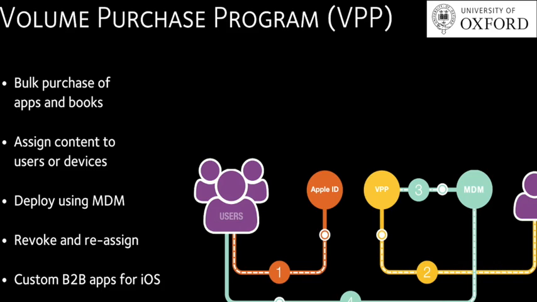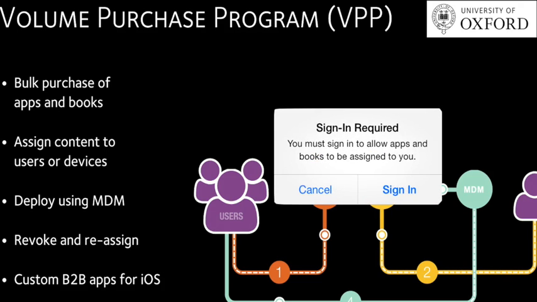And this is a really nice process because the organization will never ever actually get the identity of that Apple ID. Because what happens is the user will be prompted to sign in, that's either on their iOS device, that's on their Mac with the App Store or iTunes.